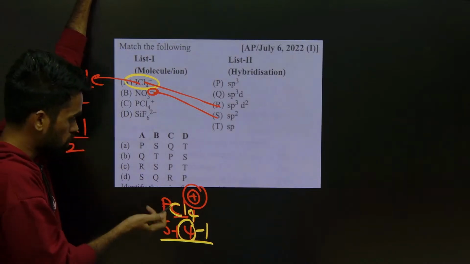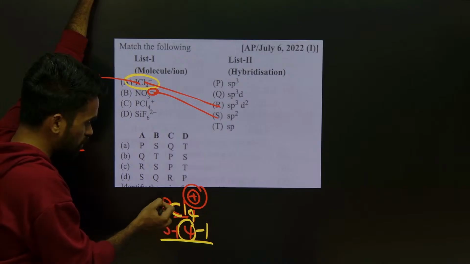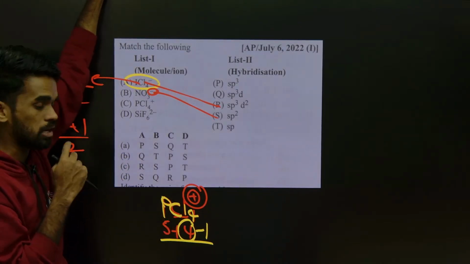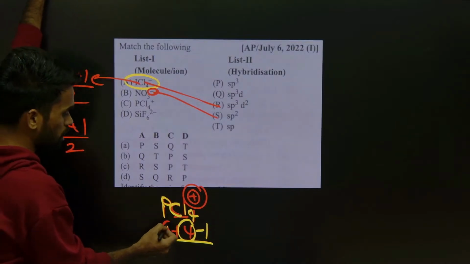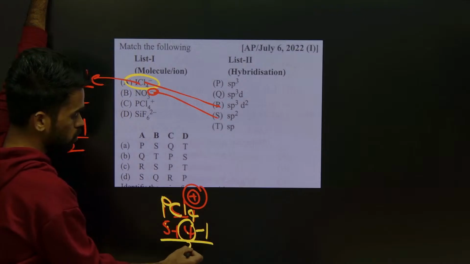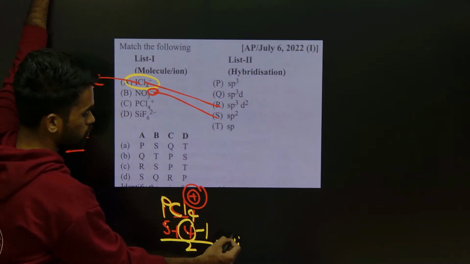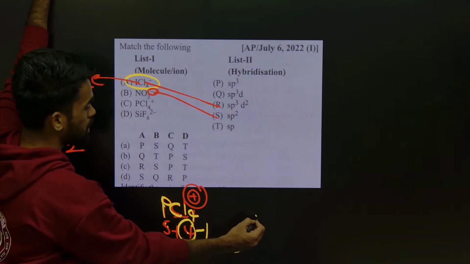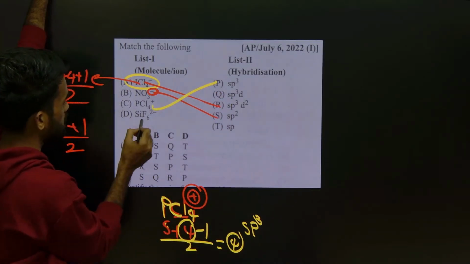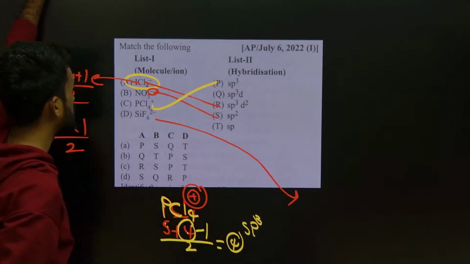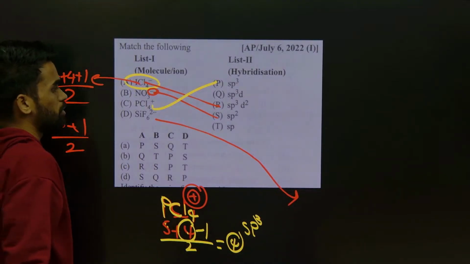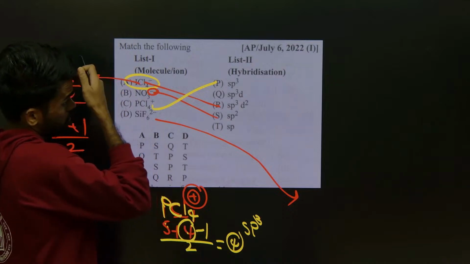Okay, so that should form a single bond with the central atom, then only we can consider it in this formula calculation. So 5 plus 4 is 9, minus 1 is 8, by 2 is 4, that is nothing but sp3 hybridization.